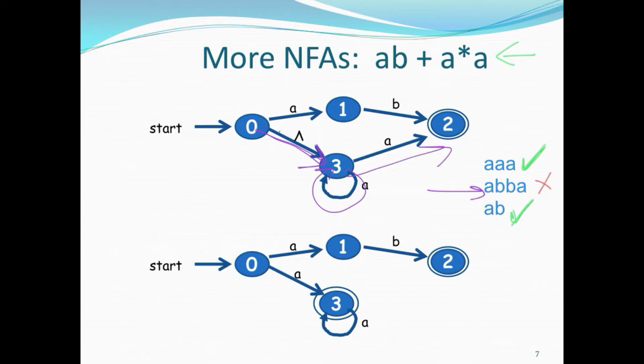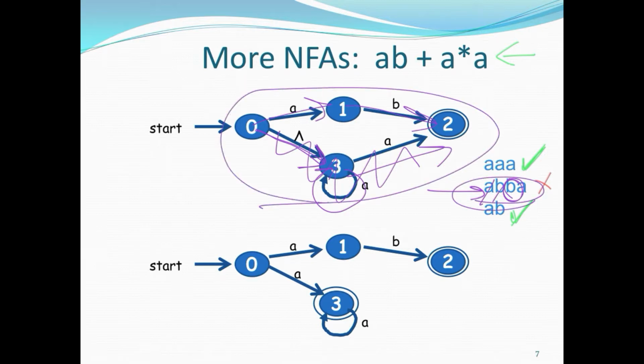So maybe those paths were the wrong one. Maybe what we're supposed to do is take this A and then this B. But again, we get to state 2, we process the A, we process the B, but we don't see that next B. And if there's no transition to let us get through all of these letters, we fail. So I've shown you that ABBA is not accepted by this first NFA. No matter how you try, it's not in there.